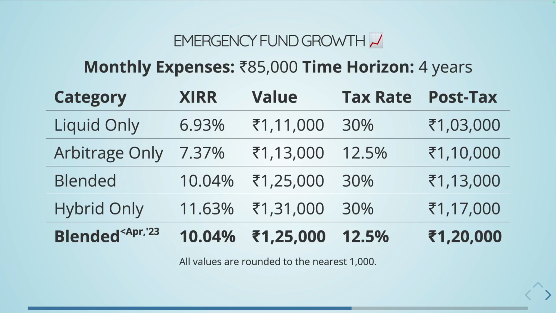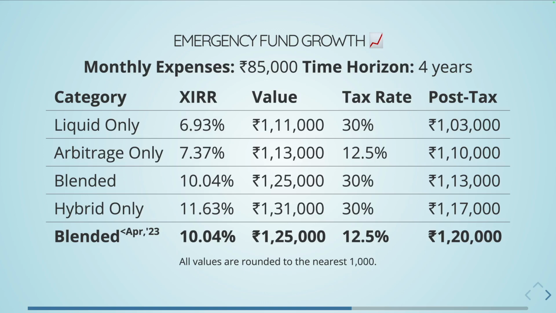When you compare the blended, which is my current setup, if I am setting it up now, all the funds are taxed at the 30% slab. So essentially, this is performing marginally better than arbitrage, but not really that great, primarily due to the taxation, right? So if you see the actual value, it has grown from 85,000 to 1 lakh 25,000, whereas arbitrage has only gone up to 1 lakh 13,000.